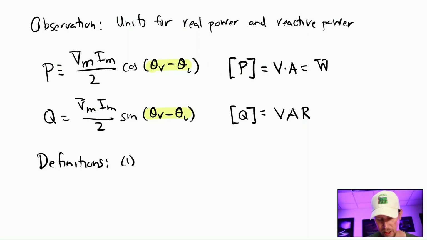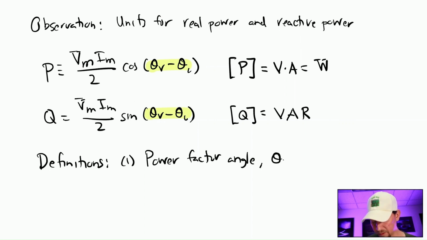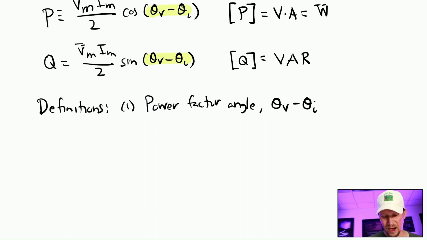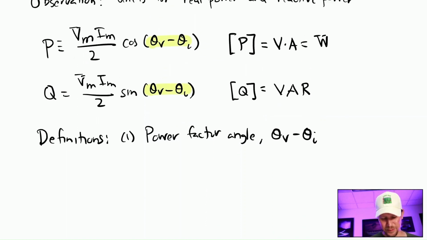The first definition that I want to introduce is that of the power factor angle. The power factor angle, I'm sure you guessed it, is theta v minus theta i. This appears both in the cosine and the sine. The cosine is for the real power, the sine is for the reactive power.